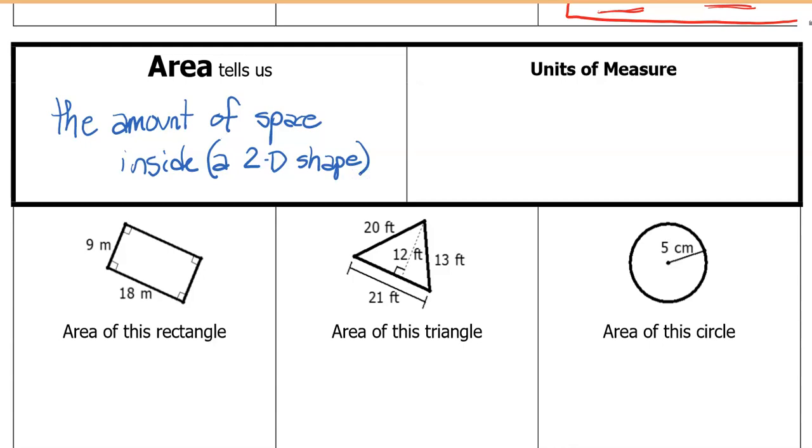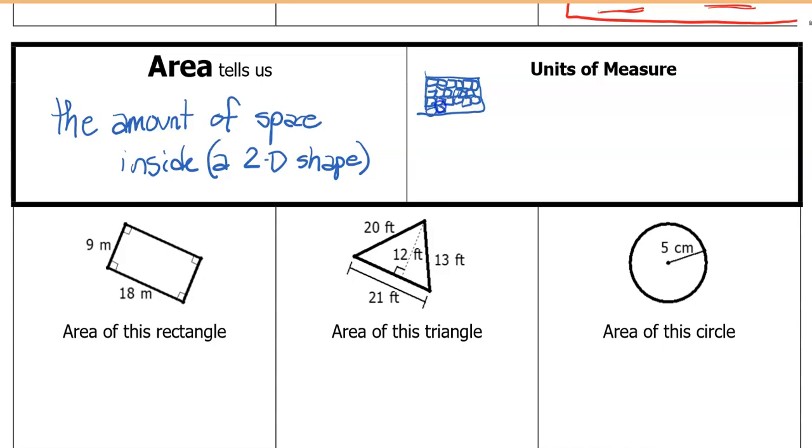But for area, so if I'm trying to fill up, say, this rectangle, I would have to fill it up, not with rulers, but with squares. If you're in Miss Kennedy's class, I've used my classroom as an example of this before, that if I want the area of the floor, I might count the number of square tiles that cover it.